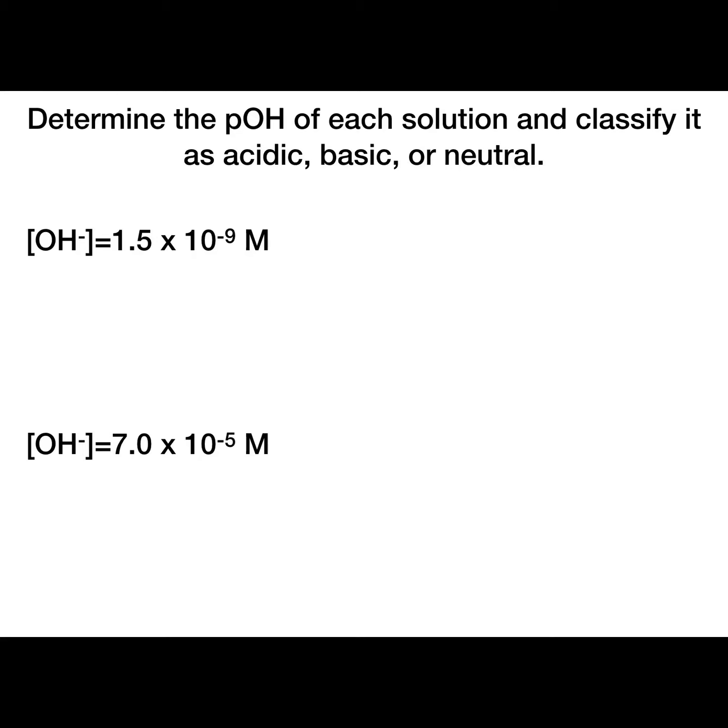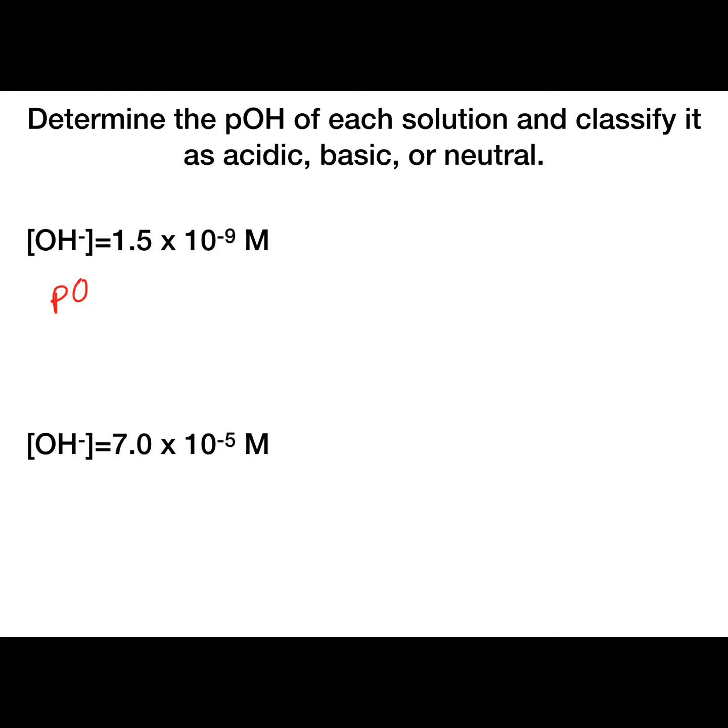Our next problem is to determine the pOH of each solution and classify it as acidic, basic, or neutral. So it gives us the hydroxide ion concentration. From there, we can determine the pOH because the pOH is equal to the negative log of our hydroxide ion concentration.